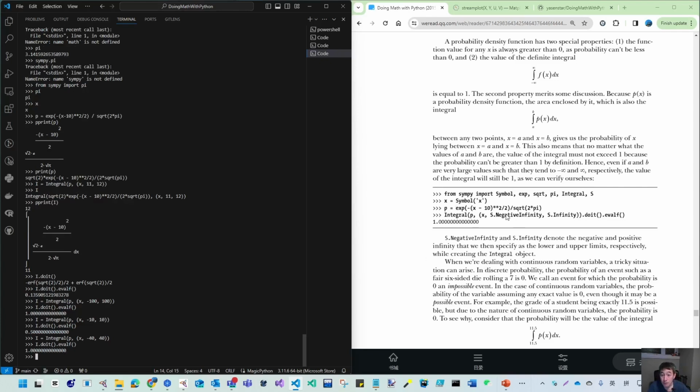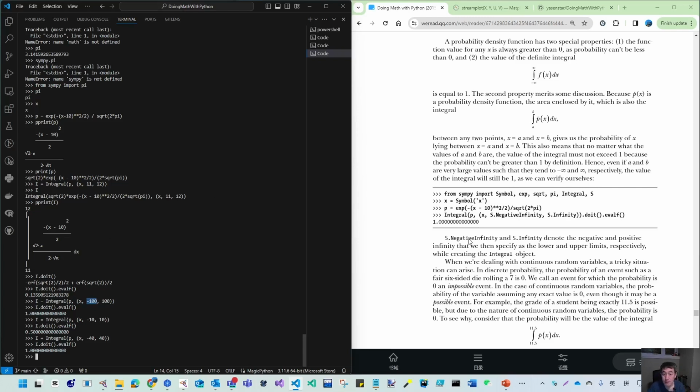So if we put negative infinity, and we don't need positive here, then you need to import S, the capital S. Then you can practice this one. Then it's 1, and you can see here that even without infinity, the number is just more than 40, negative 40 to positive 40, and it is already approaching 1.